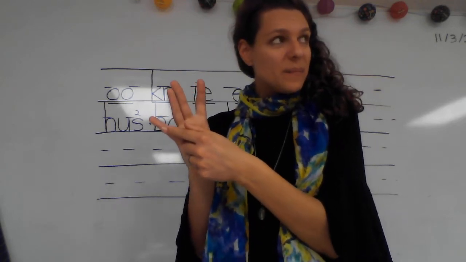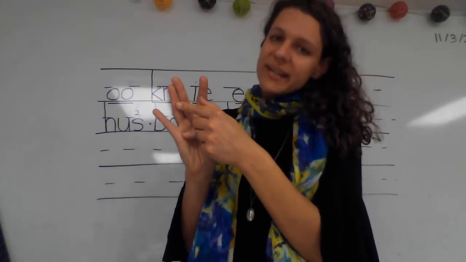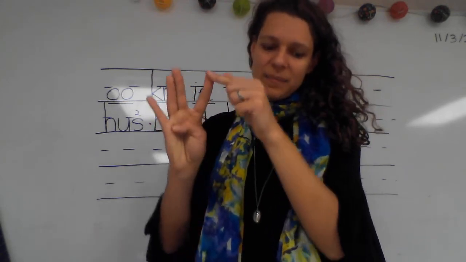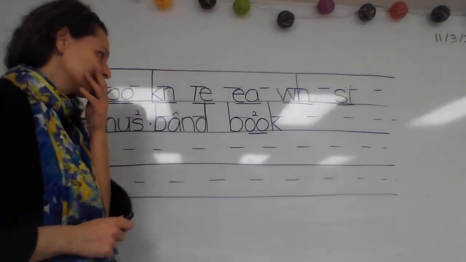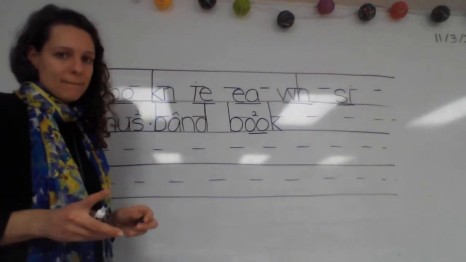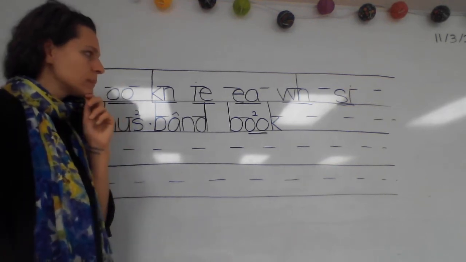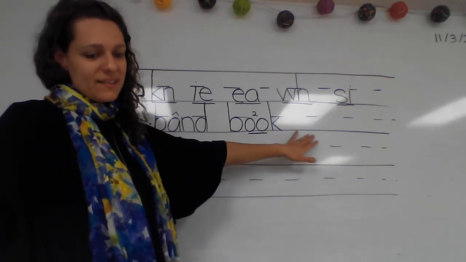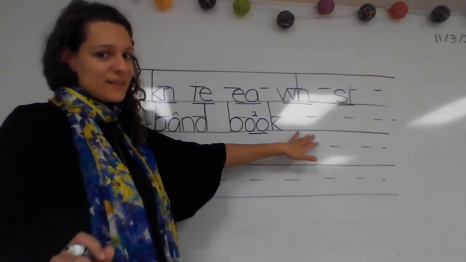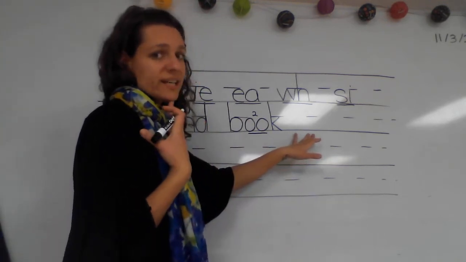Which k? Good. Line letter k. Which E? Good. E-double-E. And good. P. Say the sounds while you write them. All right, put your finger under the first phonogram in that word you just wrote. What is it, class? Good. K. Which k?